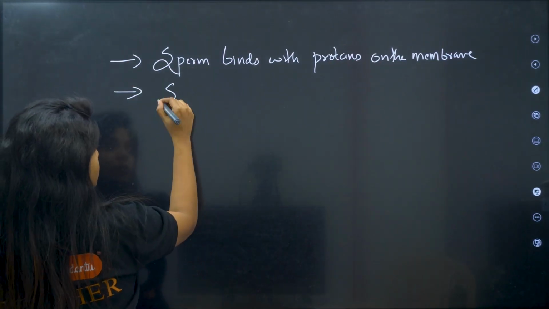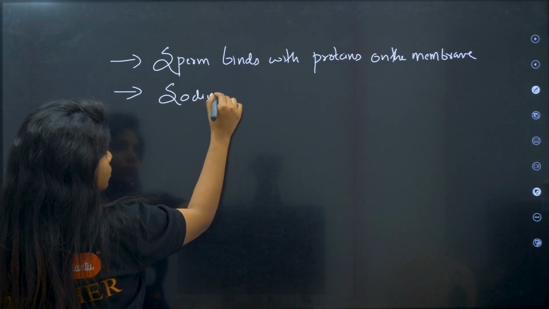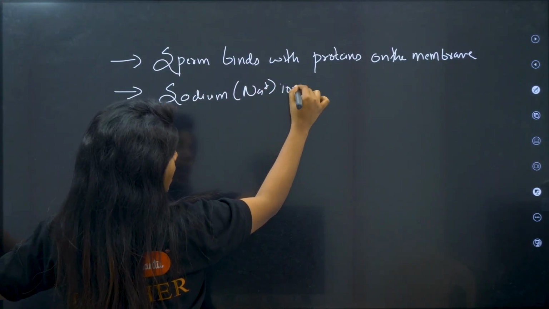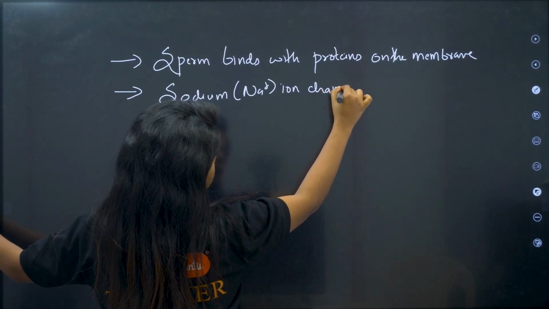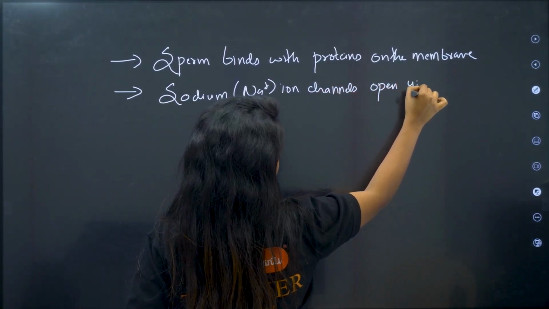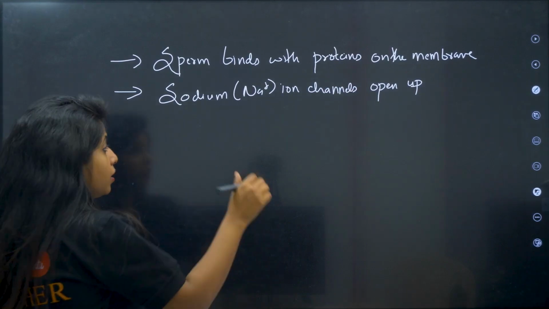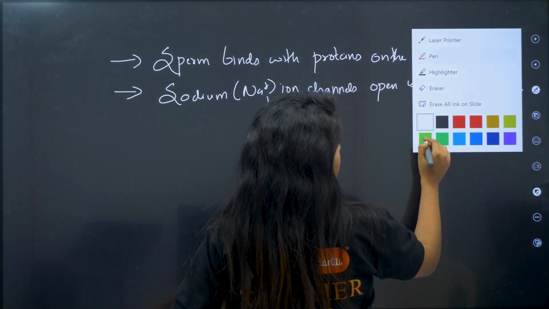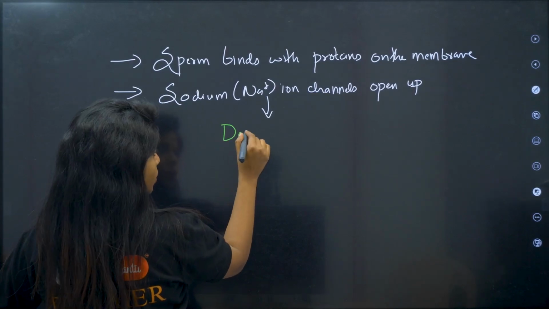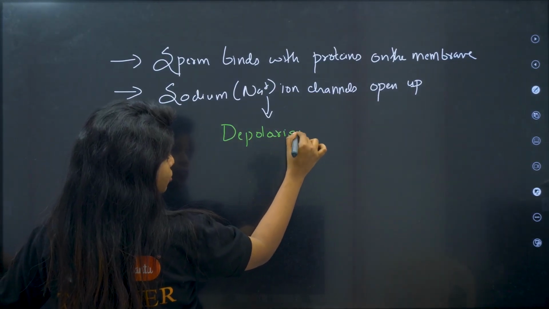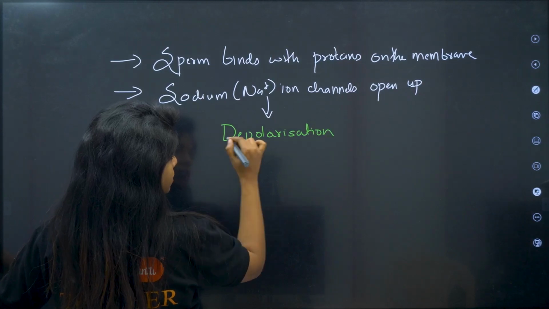Now because of this, what will happen? The sodium (Na+) ion channels open up. When the sodium ion channels open up, this will cause depolarization. There will be too much positive ions inside.